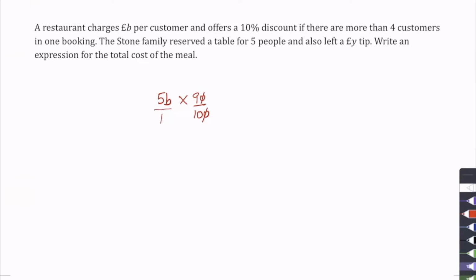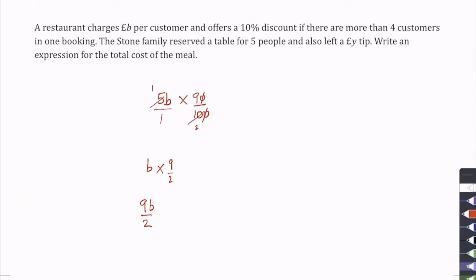And remember, when you multiply fractions, you just multiply the top numbers and you can also multiply the bottom numbers. But you can also simplify diagonally. And we can see here that 5s into 5 go 1 and 5s into 10 go 2. So we're left with 1B over 1, which is just B, multiplied by 9 over 2, which we can write as 9B over 2.